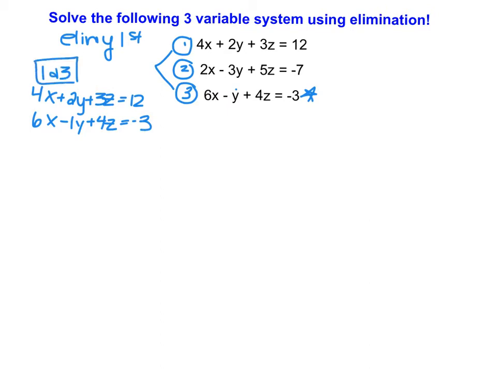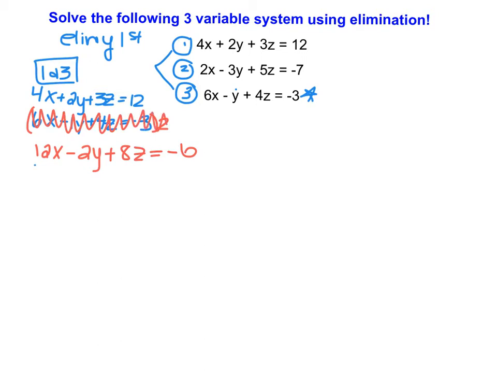Now, this isn't set for elimination just yet because I need to do some manipulating on that second equation. So I'm going to multiply this second equation through by 2, because that will turn this into 12x minus 2y plus 8z is equal to negative 6. So I've rewritten this equation, multiplying it by 2, to get that equation down there in red.